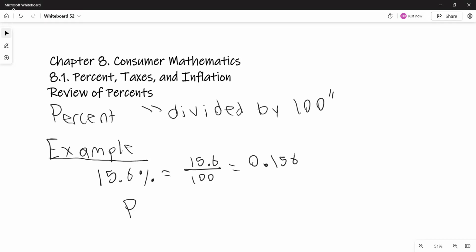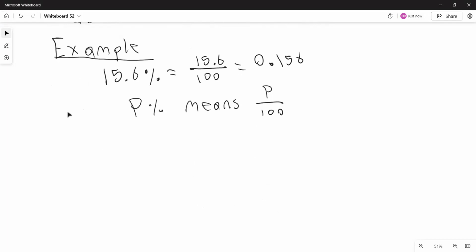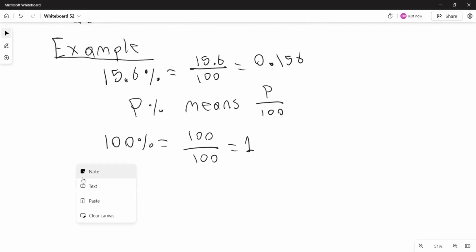So P percent means P divided by 100. And 100% represents the total of something, or 1 unit. And 1.75 as a percent is going to be 175%.